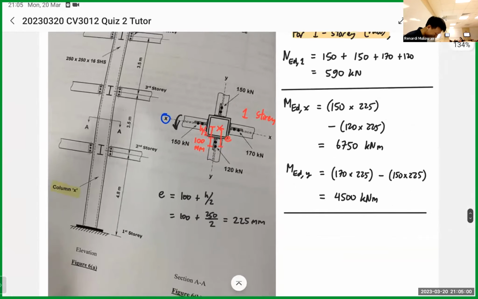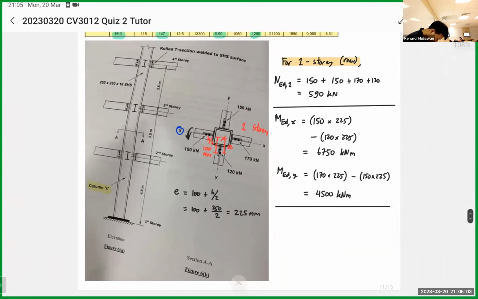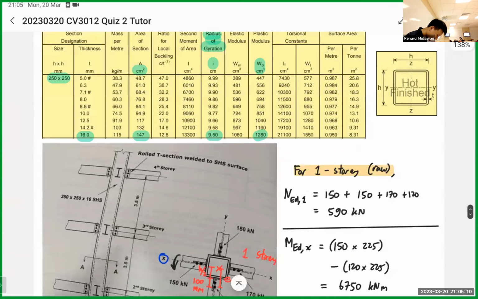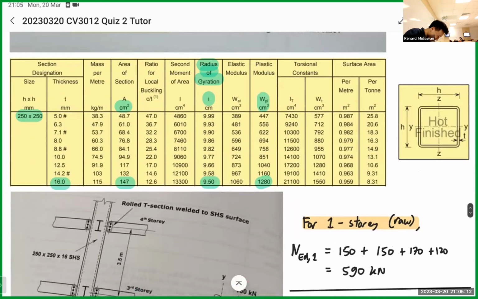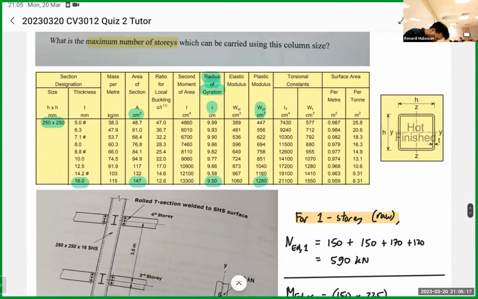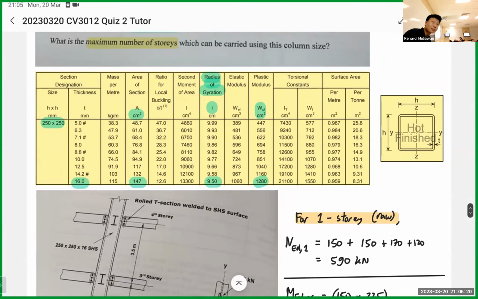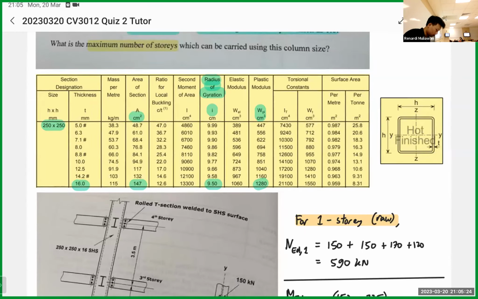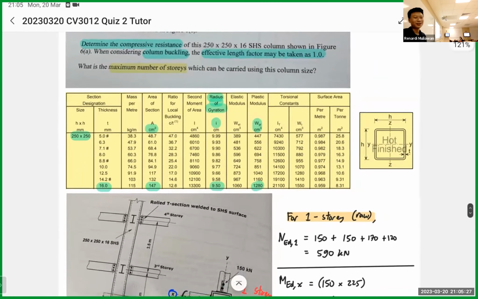I'll check again. I'm very confused now. Okay, never mind. If the moment fails, then just say it cannot even support one story. But if it passes, it should pass the whole thing.